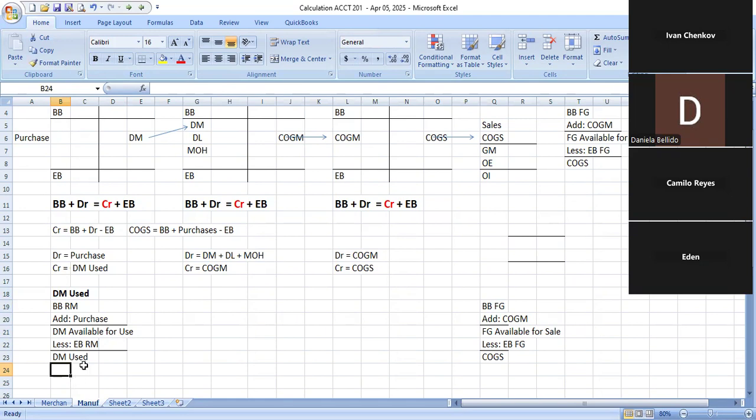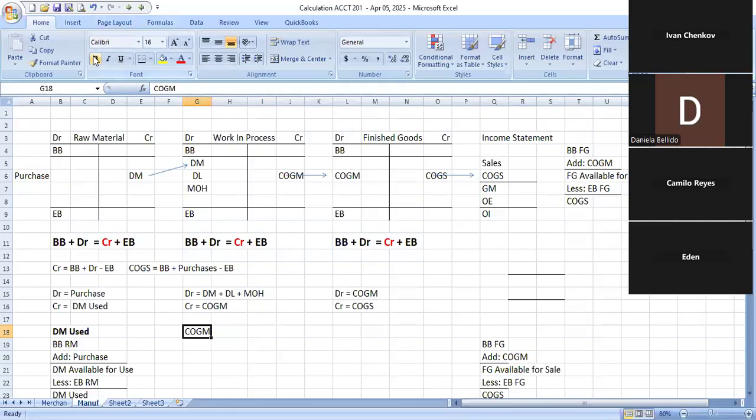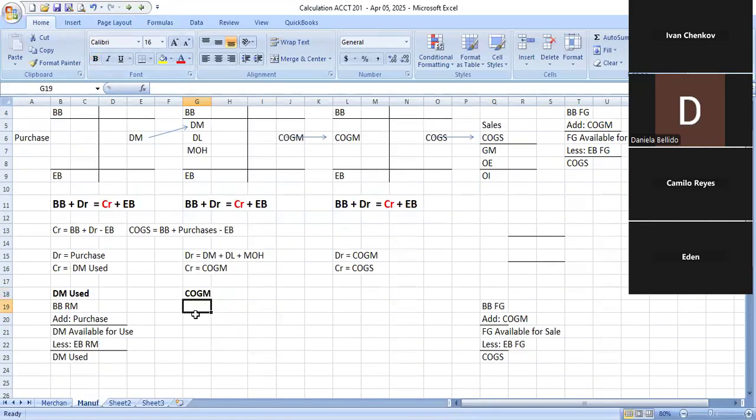So now we have to repeat this one more time in order to get the cost of goods manufactured. So how are we going to get cost of goods manufactured? Well, we need to add the beginning balance, right? We're going to get the beginning balance of the work in process account. Then we're going to add the product cost.